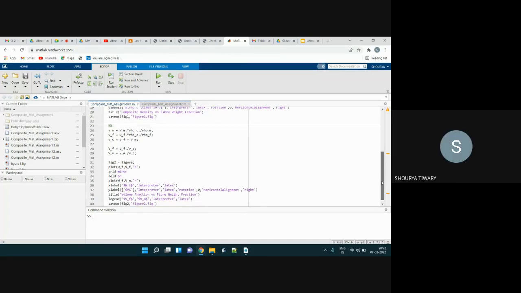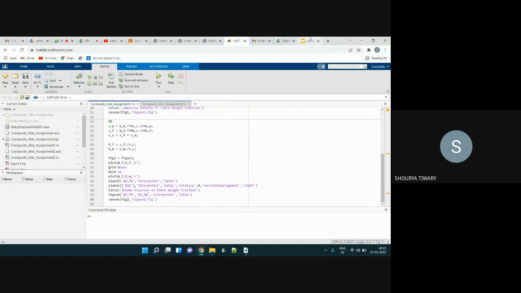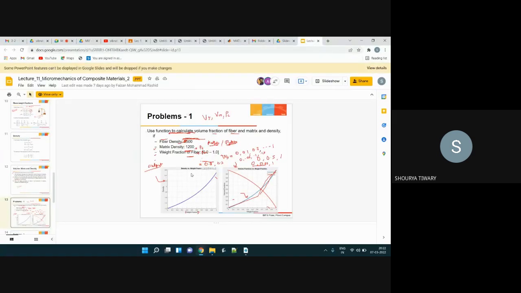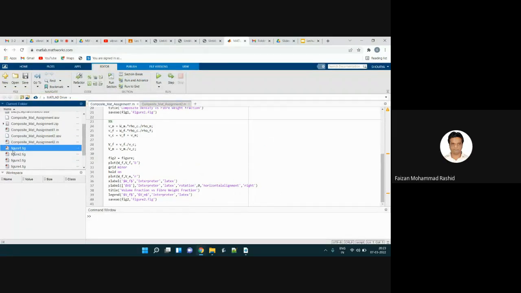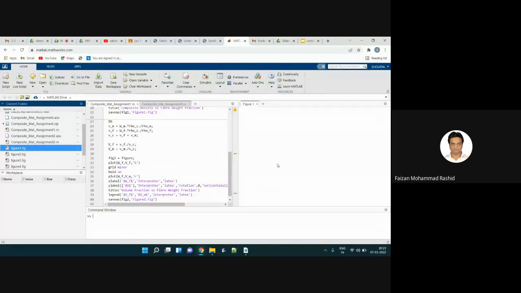This was the first graph, density versus weight fraction, figure one.